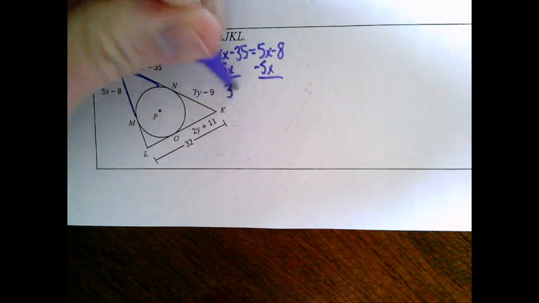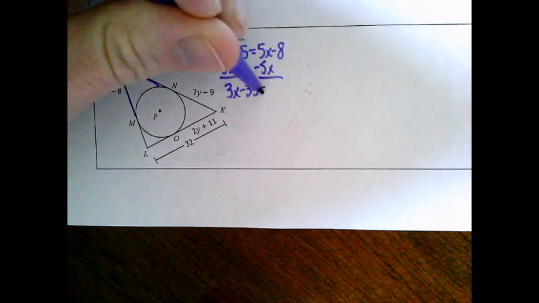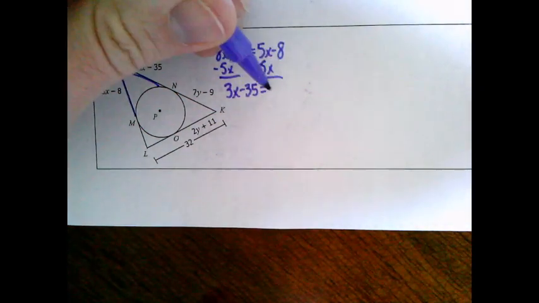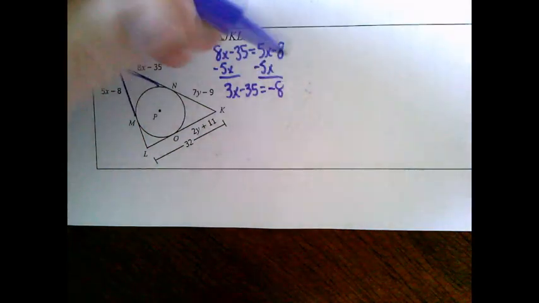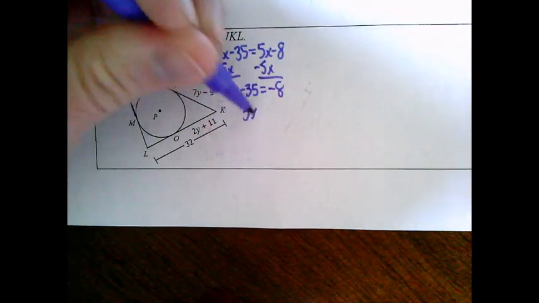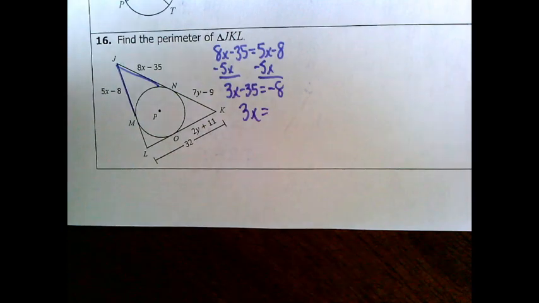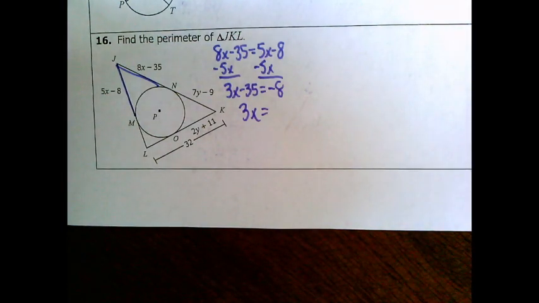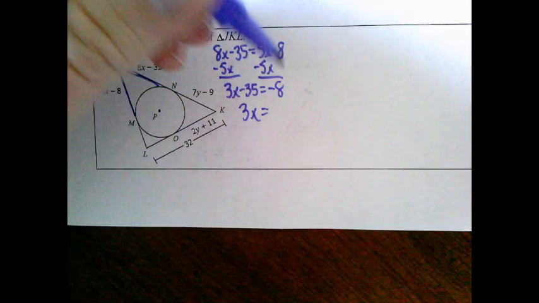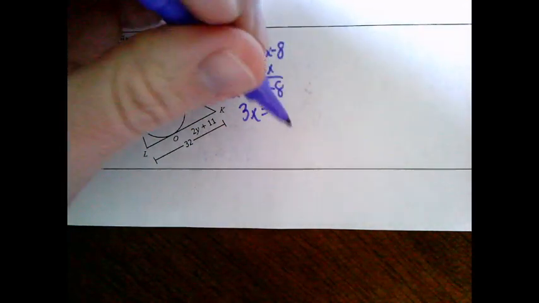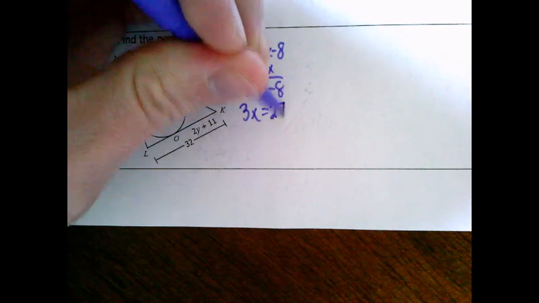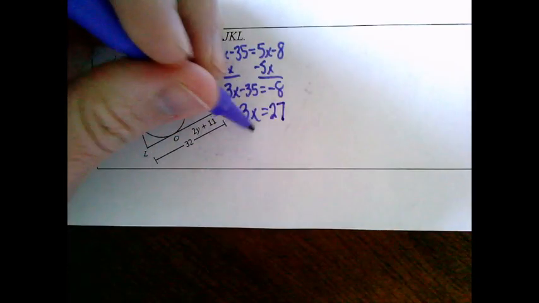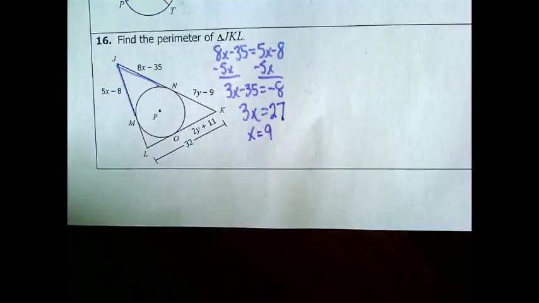That gives me 3x minus 35 equals negative 8. I'm going to add 35 to both sides. It gives me 27. Divide by 3, and x is 9.